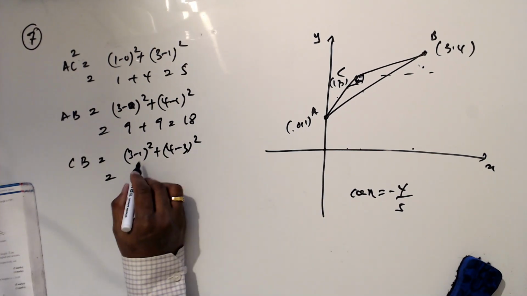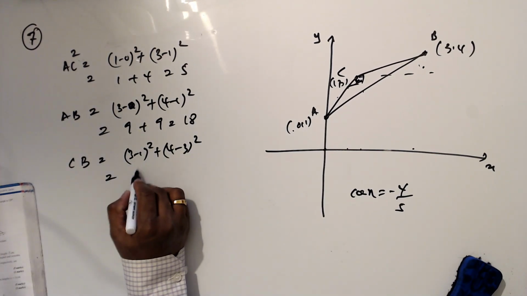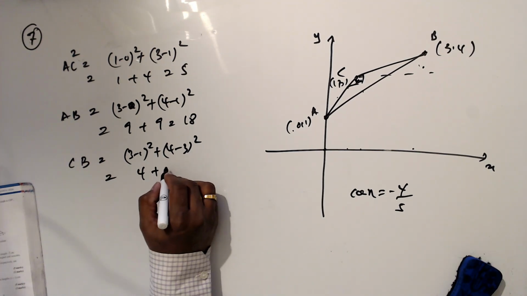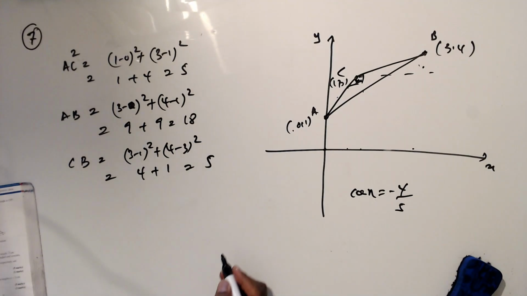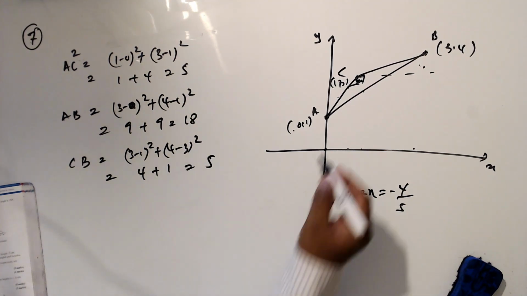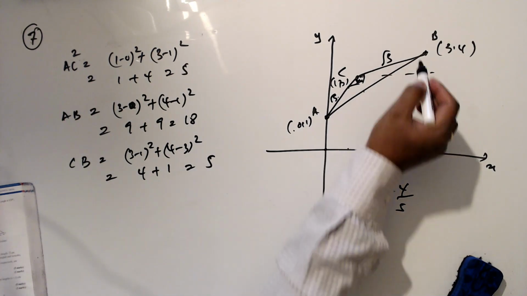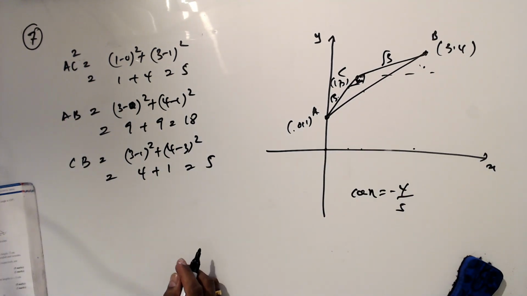So this is going to be 3 minus 1, 2 square, 4, 4 minus 3, 1 square is 1. This is 5. AC is square root 5, BC also square root 5, looks like isosceles.